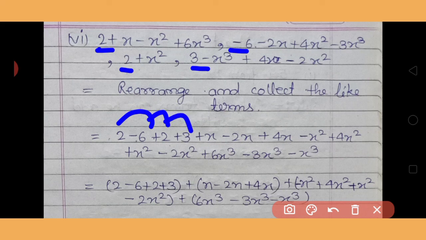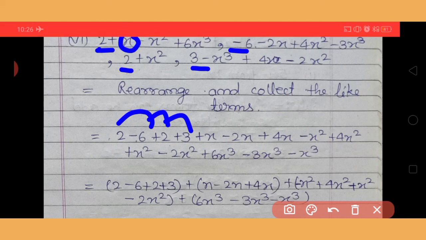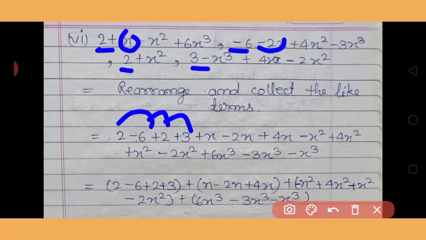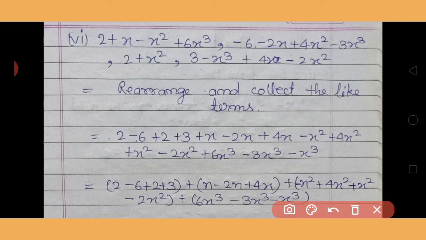These four numerals we have written. Now after it we have to write x: x minus 2x plus 4x is given. Rest, after it we will write x square.